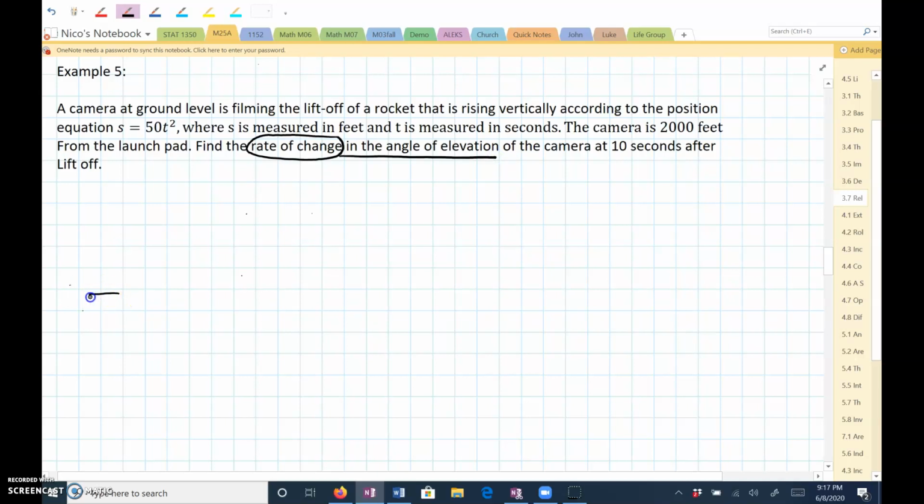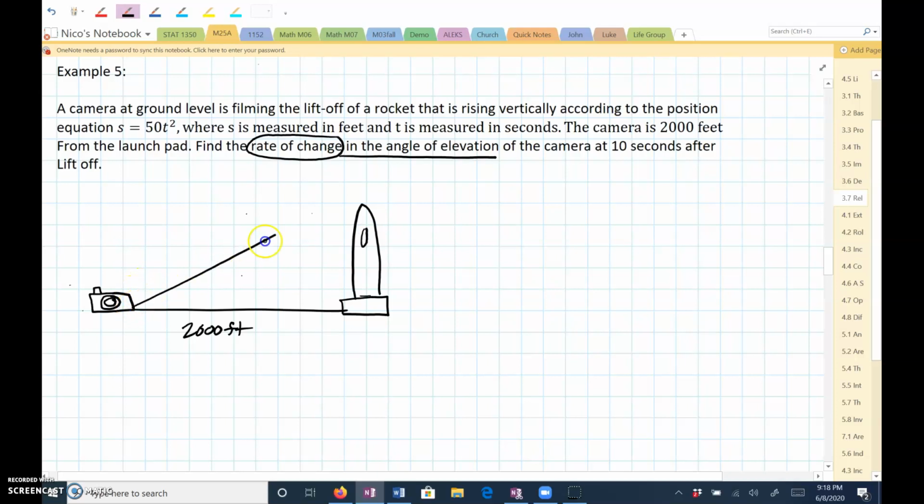Alright, so we have a camera. The camera is 2,000 feet from the launch pad. Here's my rocket. We have an angle here.